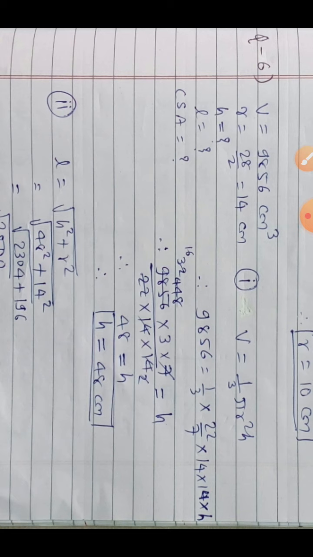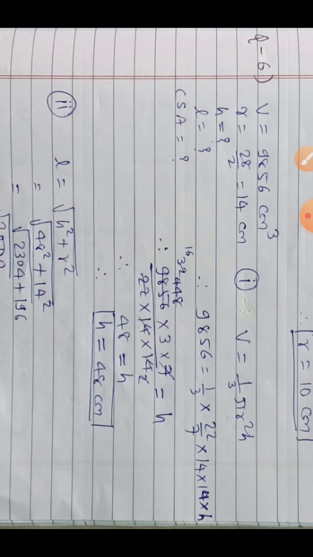Just like the earlier one, something is missing on the right side. Here height is not there. So instead of height, everything else is placed and H is kept as it is. Now everything is shifted towards the left side. Why? We want to find H, so H is being made the subject.